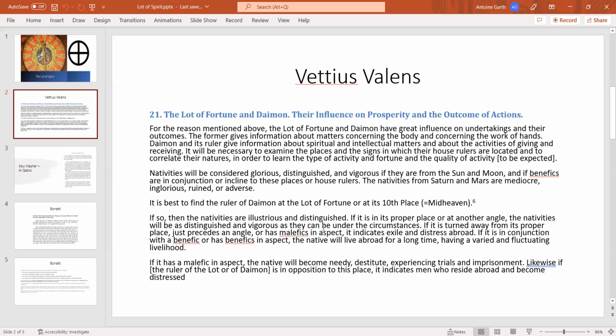But for me, now here's the other thing. I can't say I'm cheating necessarily, but I've already been using the ruler of the lot of spirit, once again, very integrally in this technique for finding fame, which involves using the part of fortune as an ascendant. That's a system I had already established a few years ago, but like I said, I've never pursued it as a standalone point or place.